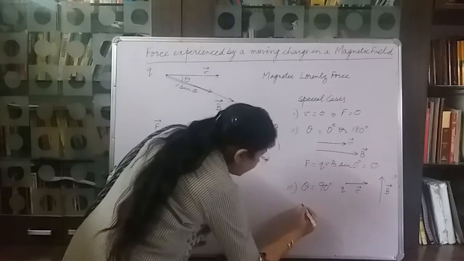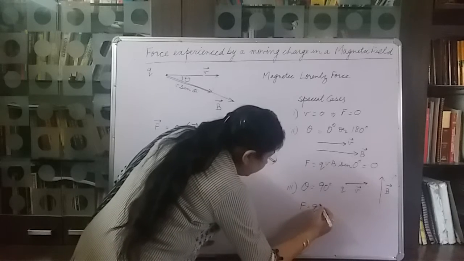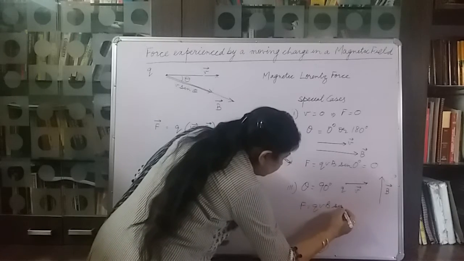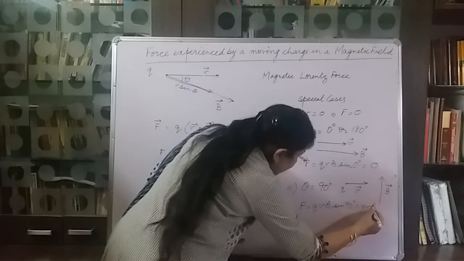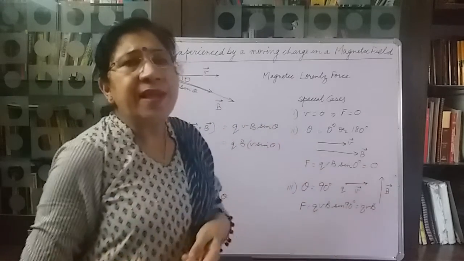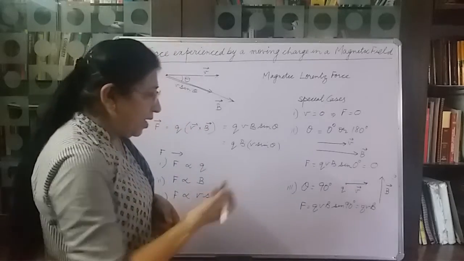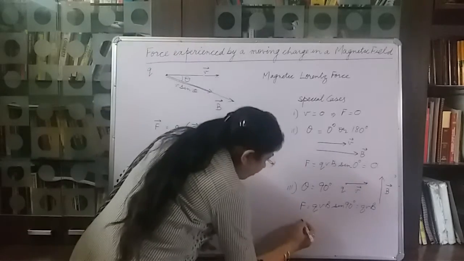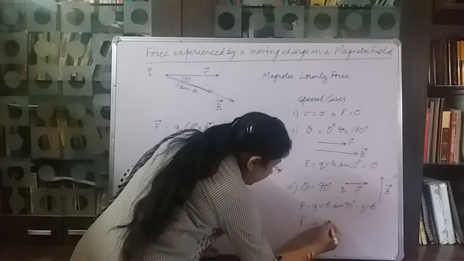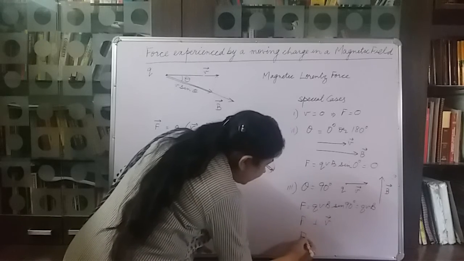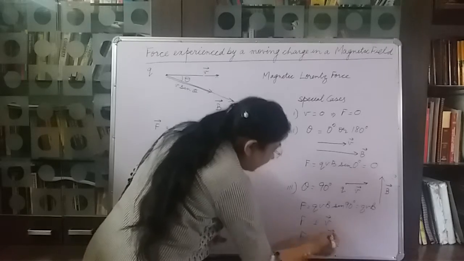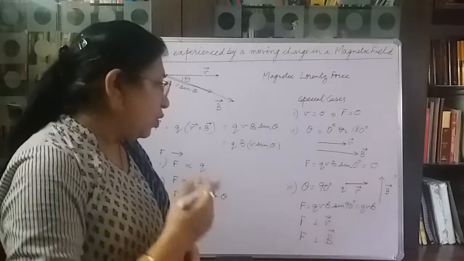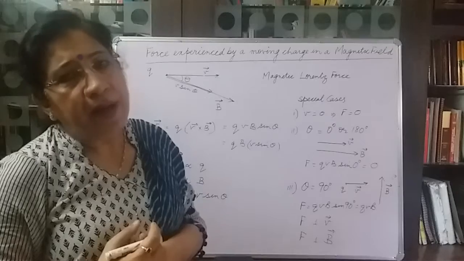In this case, the force will be QVB, that is, the force will be maximum. The force will be perpendicular to V as well as perpendicular to the magnetic field. The three vectors F, V, B will be mutually perpendicular.